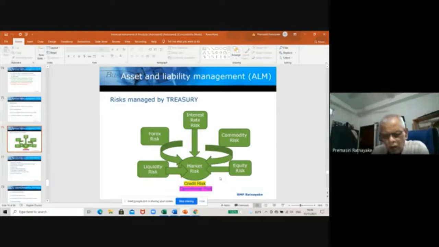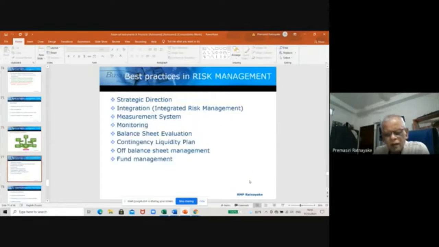All these risks measured and managed in an integrated form is the requirement in financial services organizations. And the Central Bank of Sri Lanka has a special direction requesting all the financial institutions to implement integrated risk management mechanisms.